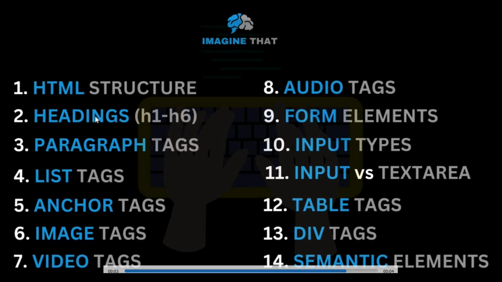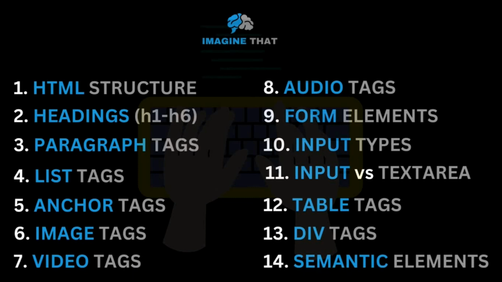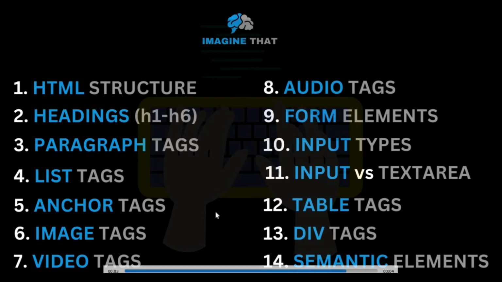After HTML structure, we go to headings, paragraph, list tags, anchor tags, image tags, video tags, audio tags, form elements, input types, input versus text area, table tags, div tags, and finally semantic elements. Then any other thing that might not be here, we'll cover, then we'll just wrap it up. You might not understand anything that I'm talking about here, and that's very fine.